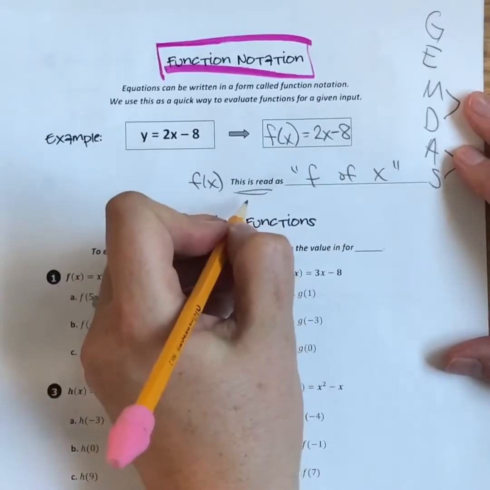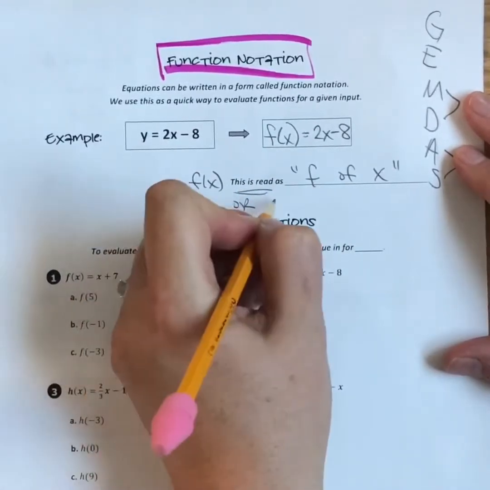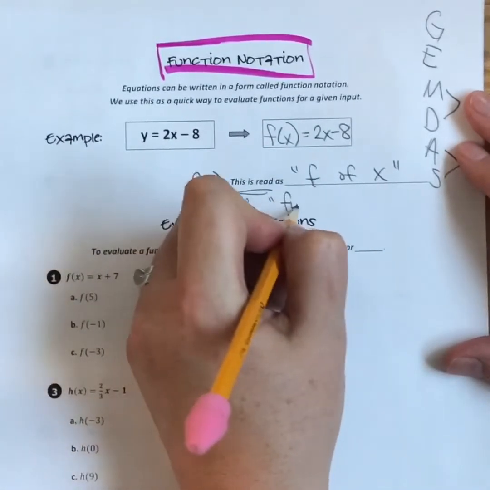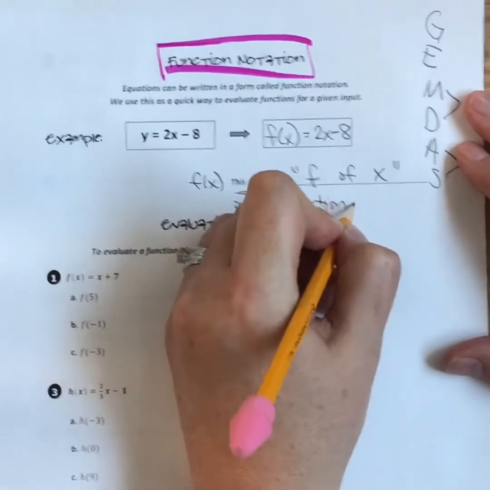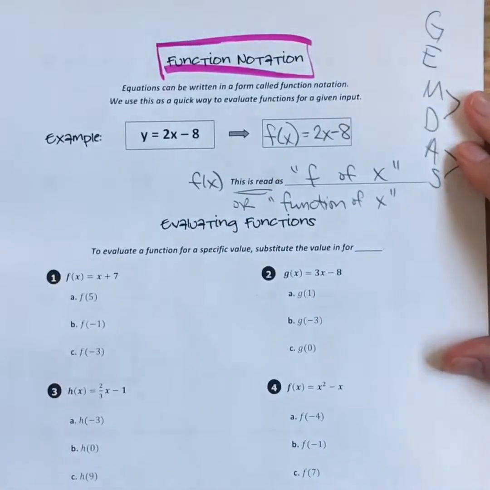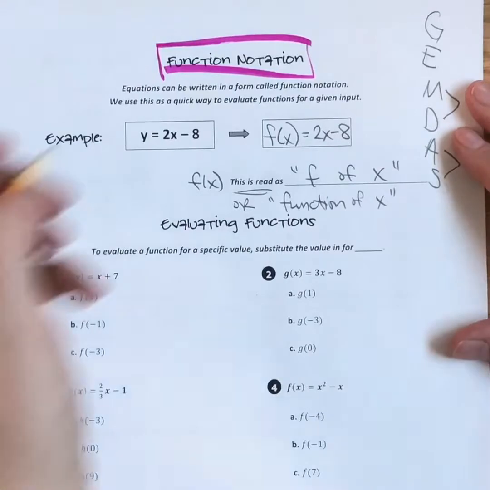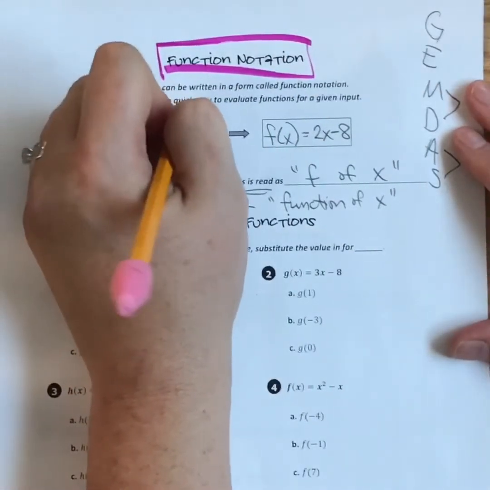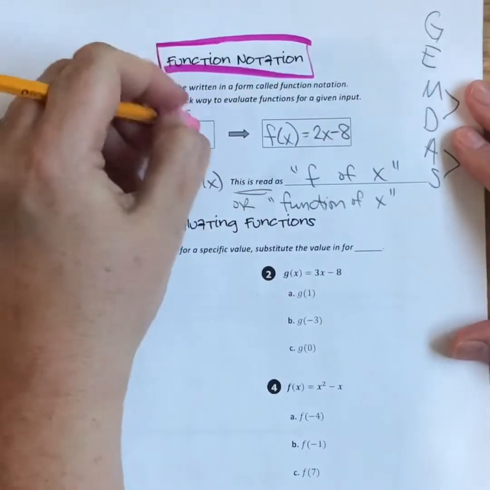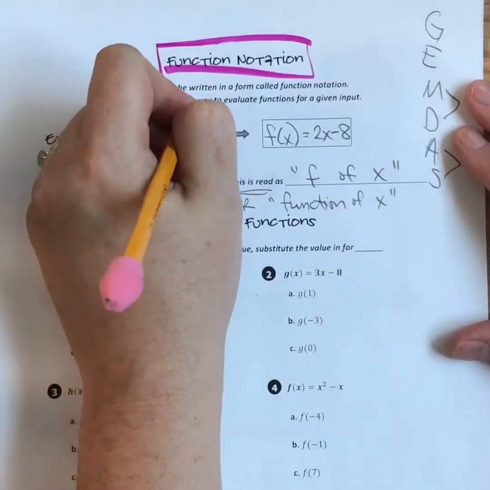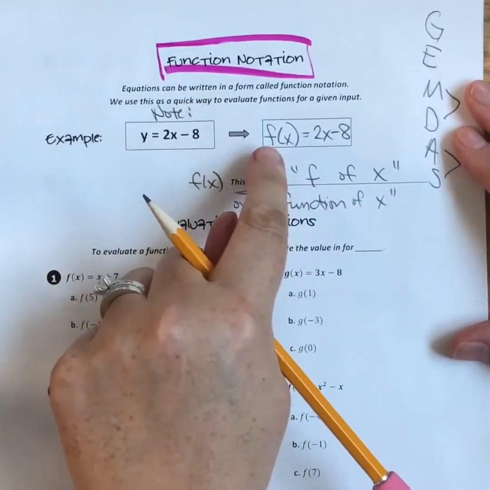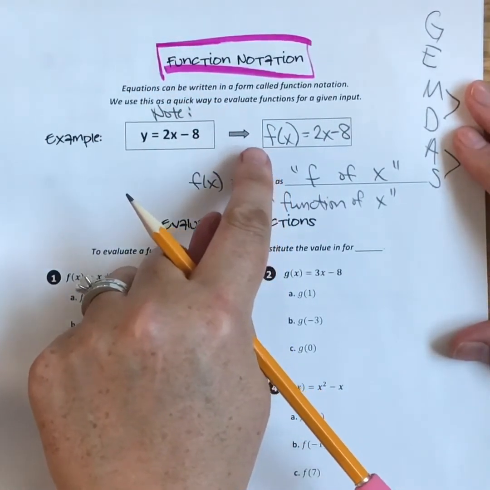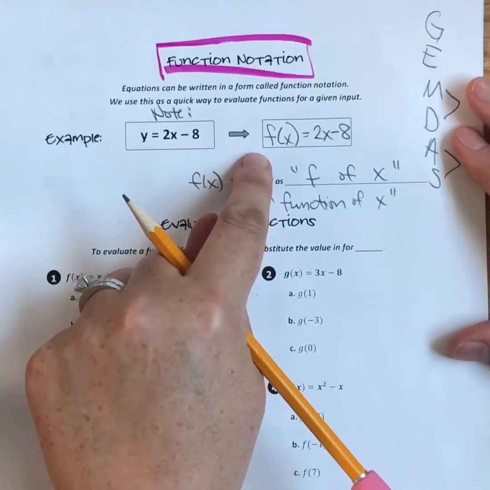And this means function of x, okay? And now again, just make a quick note that we're used to seeing numbers or letters next to parentheses meaning multiplication.